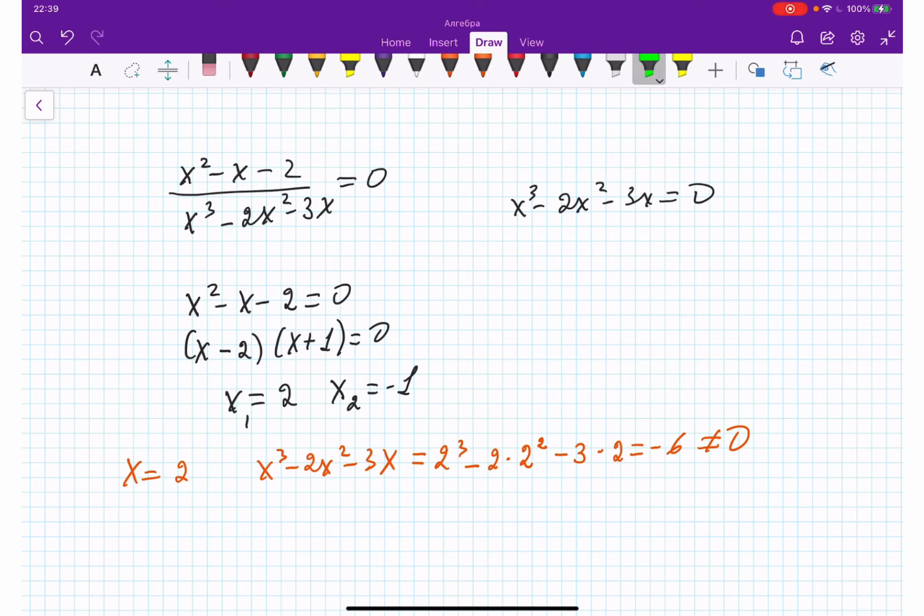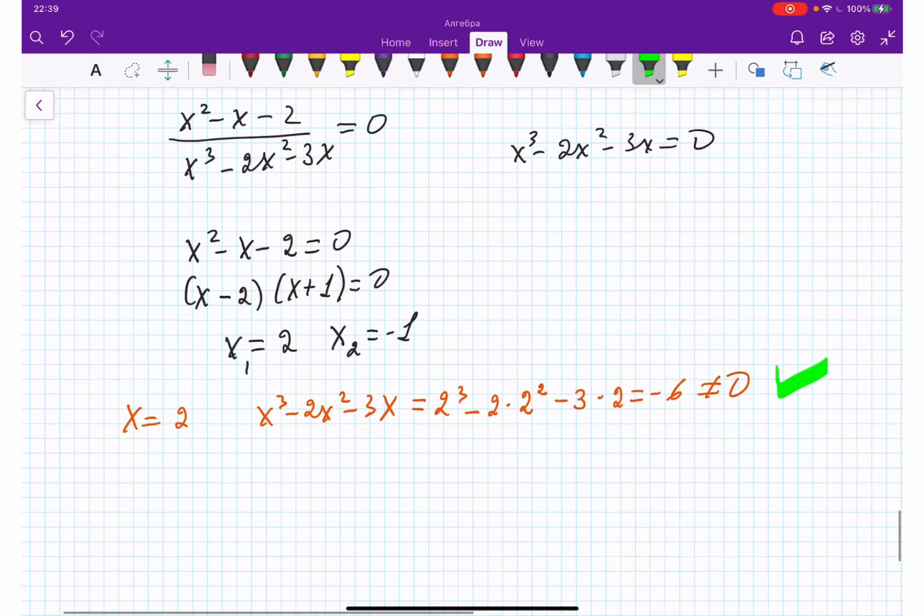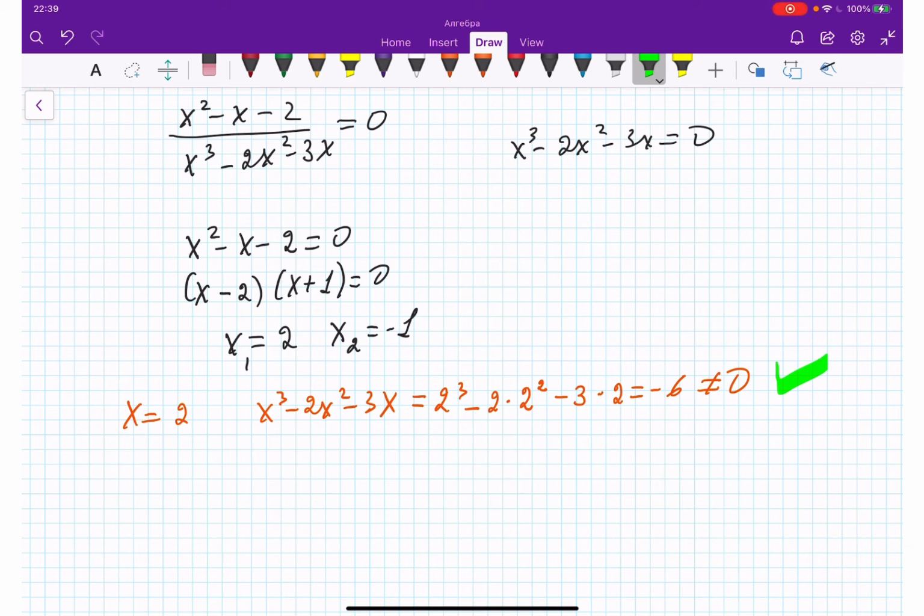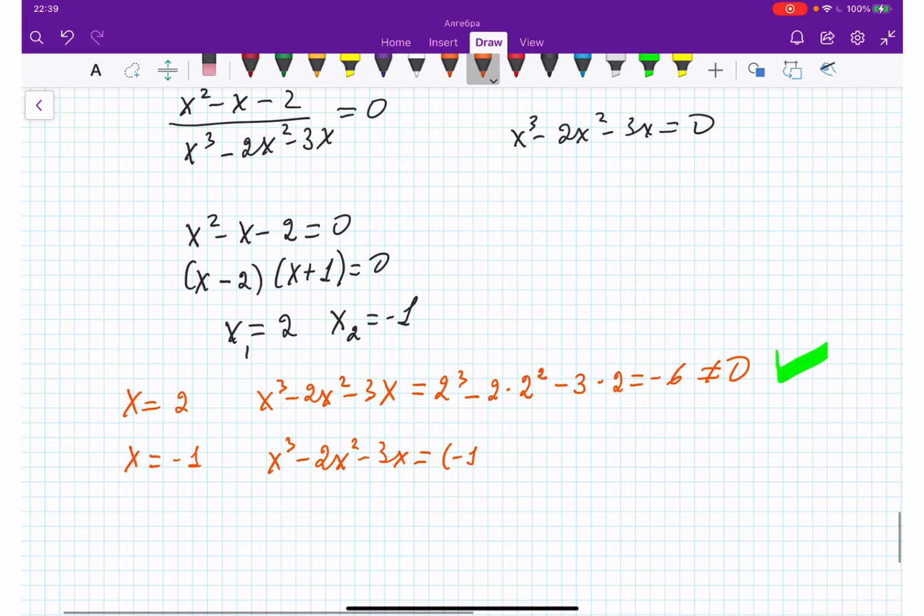We can put a check mark here because it's going to be taken as an answer. And the other solution, x equal to negative 1: x cubed minus 2x squared minus 3x is negative 1 cubed minus 2 times negative 1 squared minus 3 times negative 1, which is equal to 0.